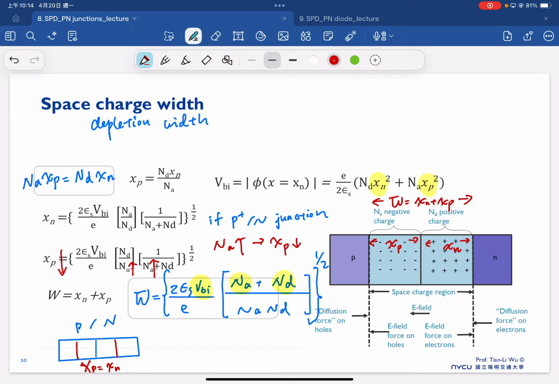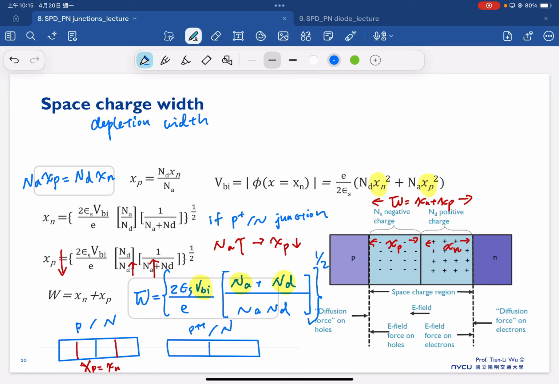In reality, we will see in most cases that we have this asymmetric concentration between P and N. For example, with a particular extreme case where we discuss P plus plus over N here.